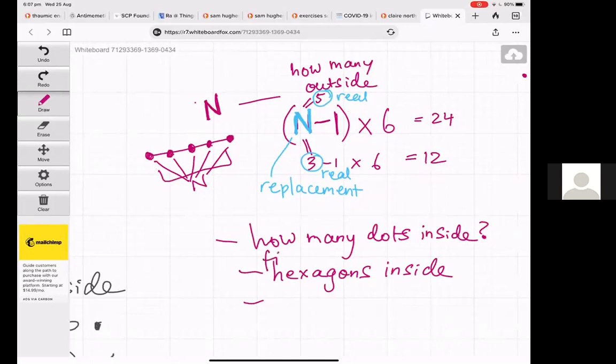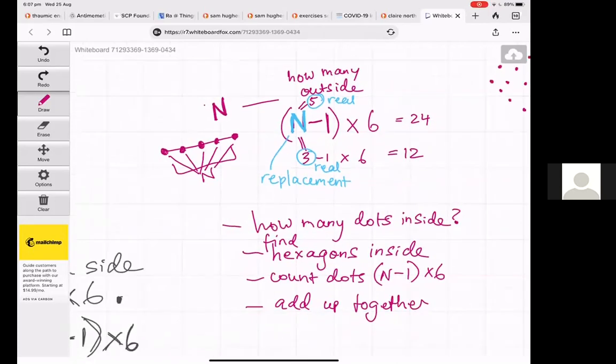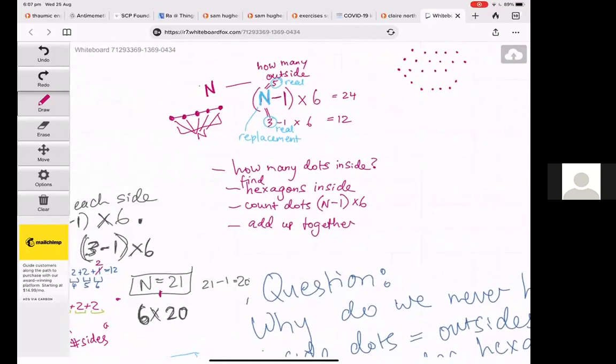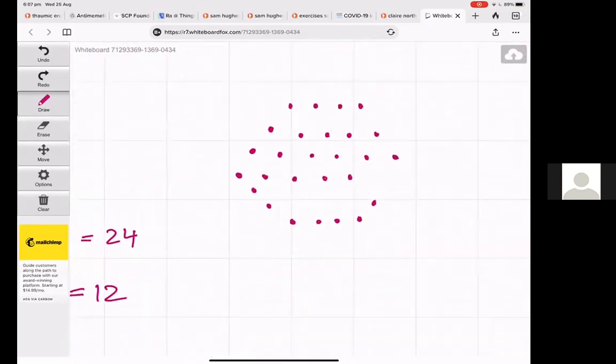And if you want to know how much altogether, do the same technique, and then you add your answer with the answers combined together. Yeah, that's exactly how we did it. So remember, you find all your hexagons on the inside and then you add everything up together.